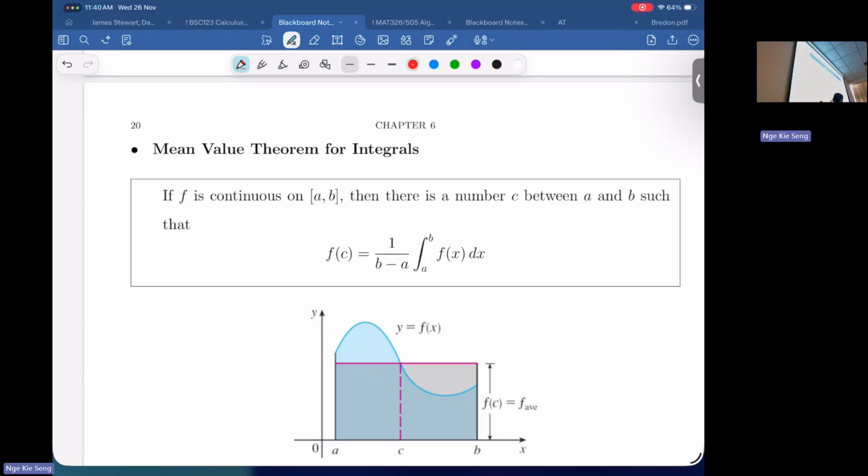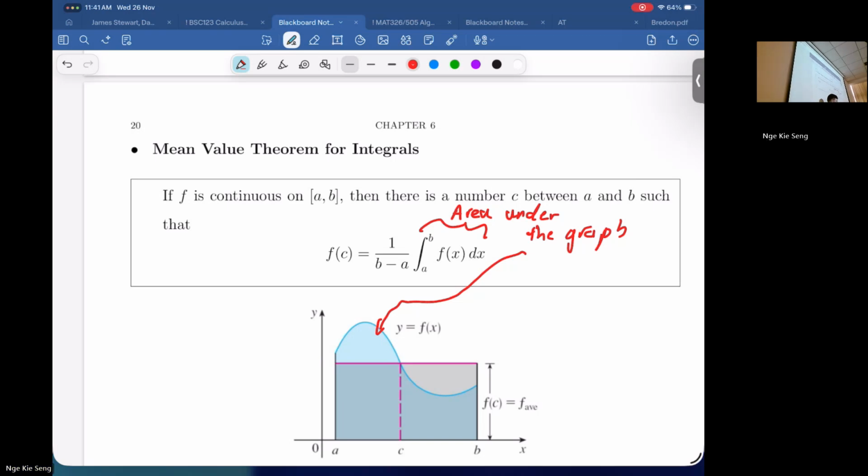So you start with a continuous function, and this definite integral here is what? The area under the graph, which is the blue part here. But if you take b minus a times f(c), it's another area. What's this area here? This is the width times height. Height is f(c), so f(c) is here. This is the height.